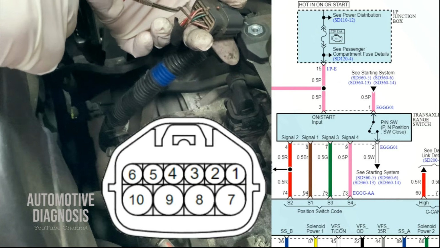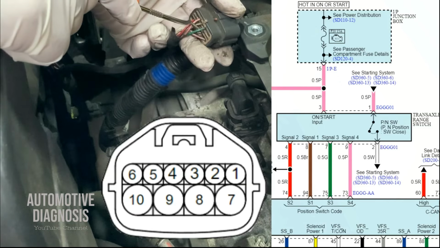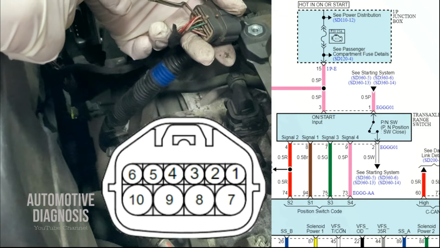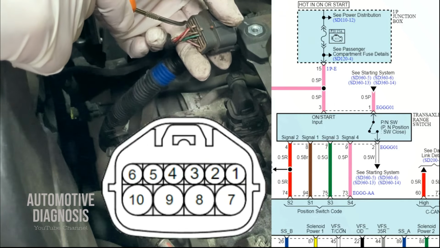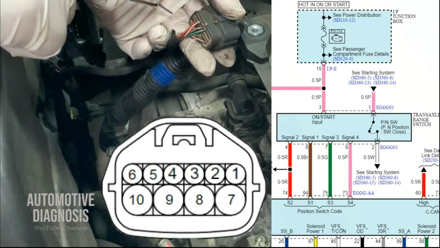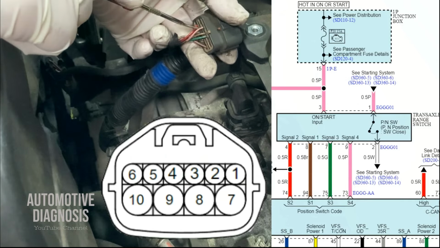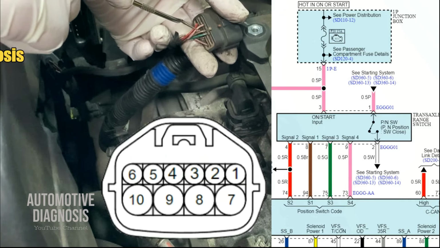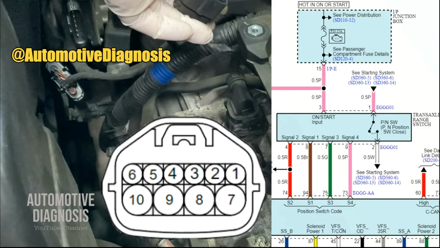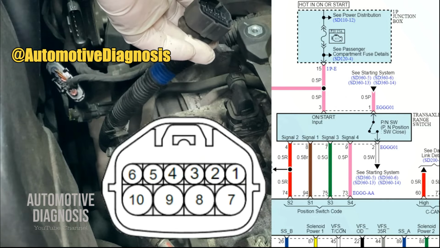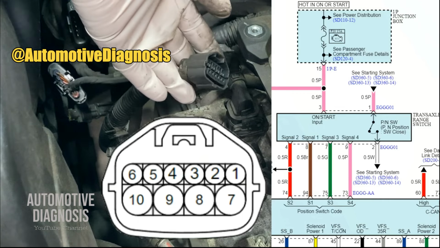The green one is pin number 7 for signal number 3. The brown one in the middle here, number 8, is signal number 1, and signal number 4 is this pink wire located just right here. So we have 4 positions for 4 signals on the gear shifter, and of course here on the transmission range switch.